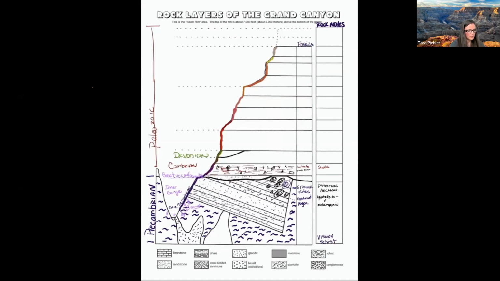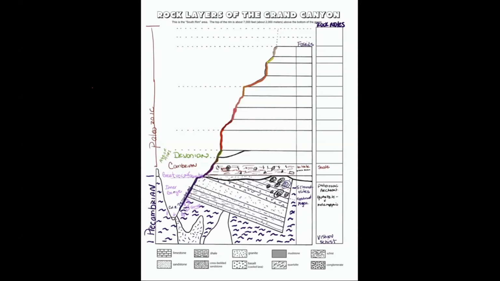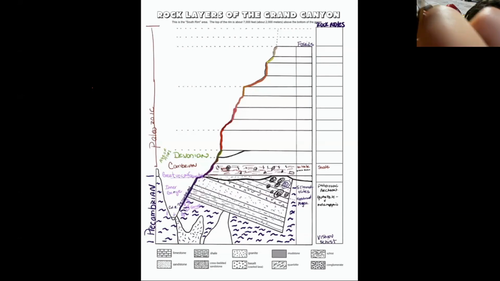Devonian was named, this is like the age of the fishes. Right, age of the fishes. Okay, so the Devonian is actually going to be this small section here. It's going to be limestone.